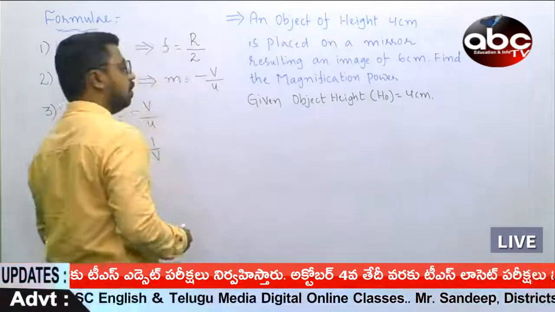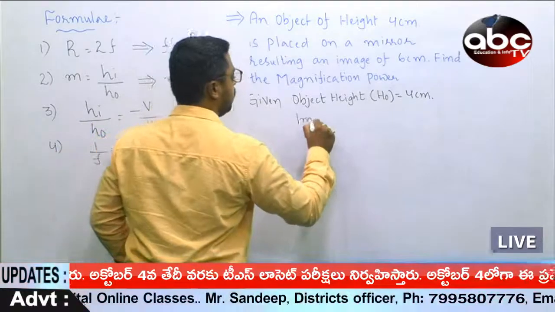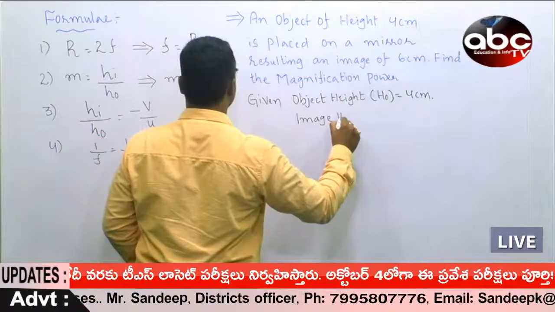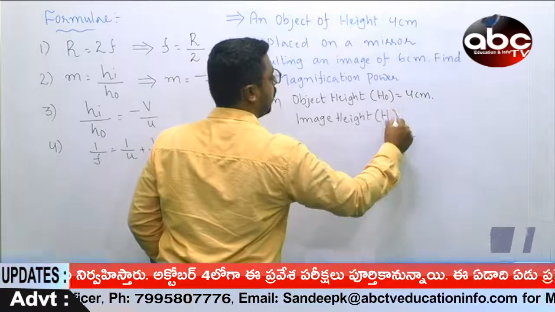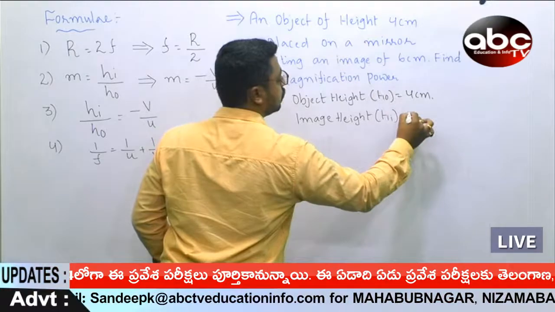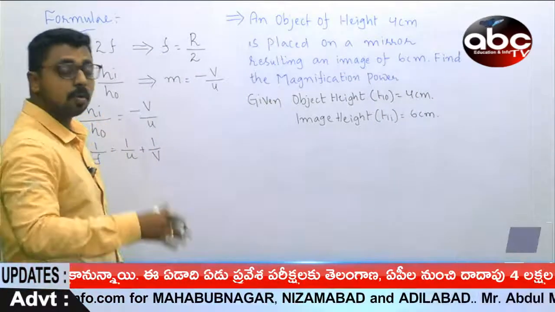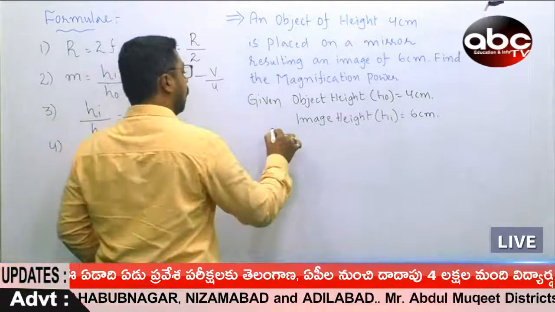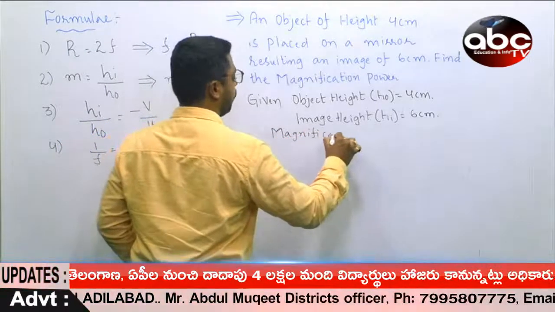So what are we going to do? Given object height HO is equal to 4 centimeters, image height HI is equal to 6 centimeters. What is the magnification power?